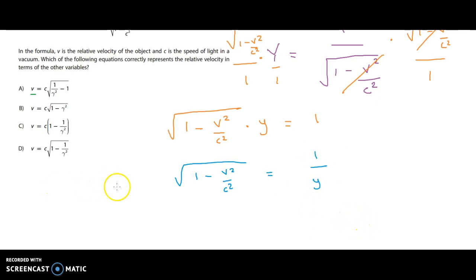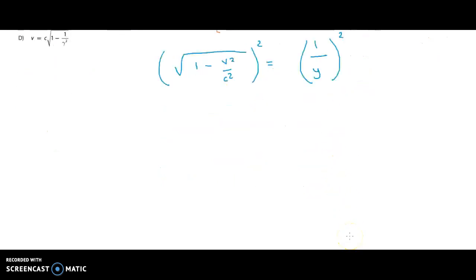Alright, next step. Well, we can't really do anything with the v until we get rid of that root, the radical sign. So the easiest way to get rid of that is just square both sides, right? So I could just say this squared is equal to that squared. Well, where does that get us? Whenever you square a square root, you just end up with whatever was inside.